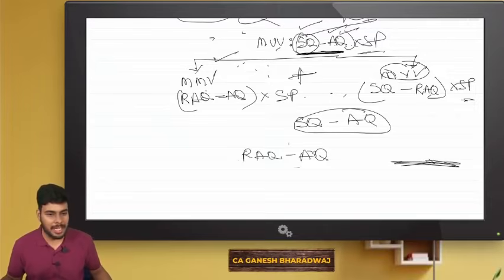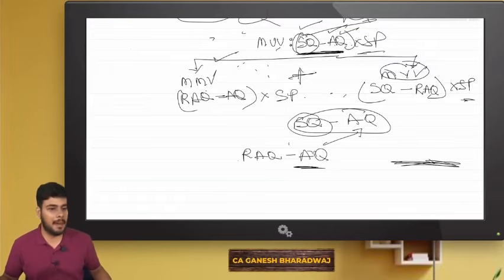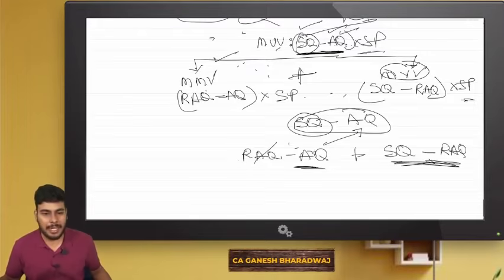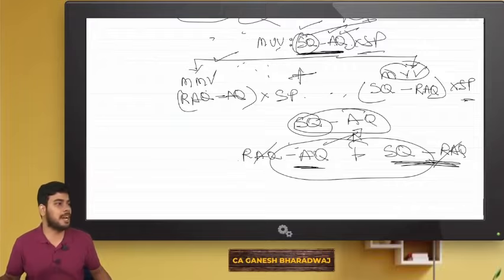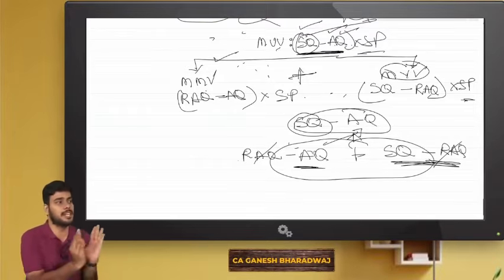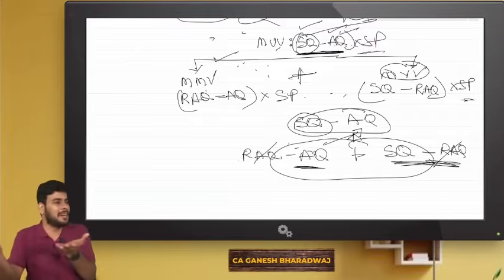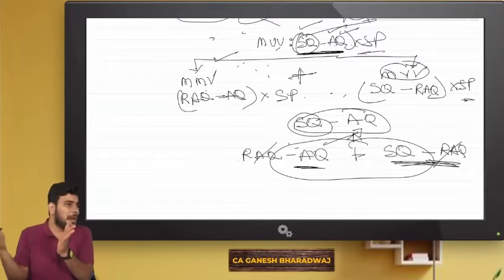Already, I have minus AQ; this is tallying with my answer. Now, I need to bring SQ and I need to remove RAQ. So, can I say SQ minus RAQ? If I add these two, RAQ gets cancelled and it becomes your answer on the top, that is SQ minus AQ. Correct or not? That is nothing but your material yield variance is your balancing figure.